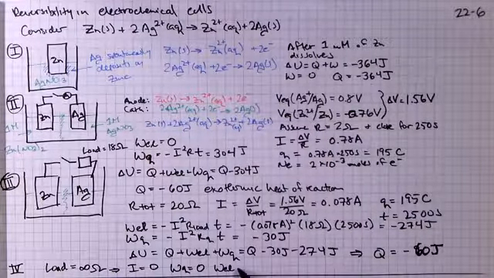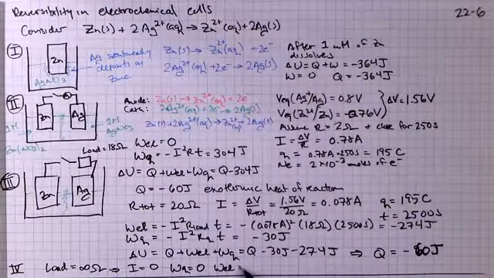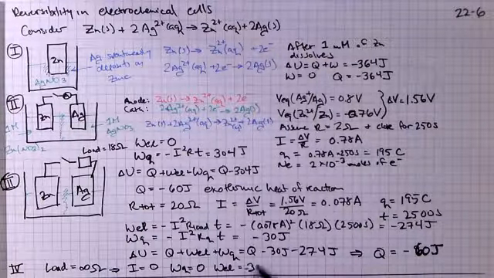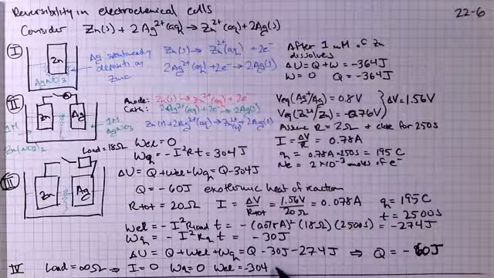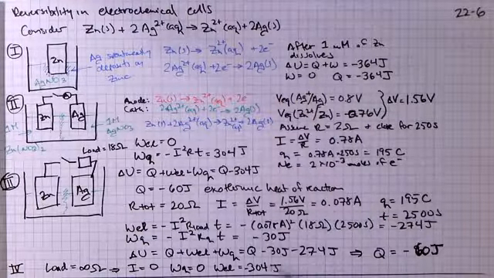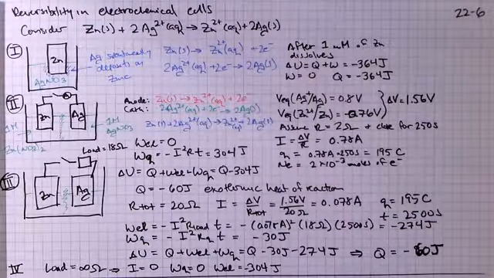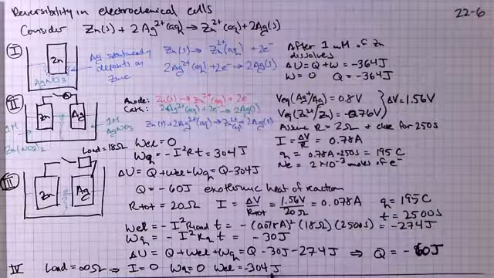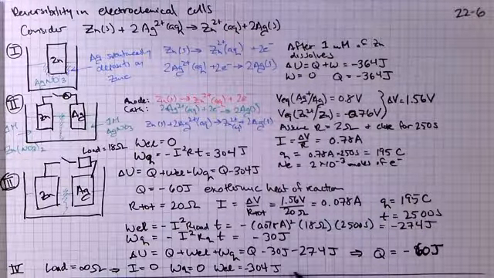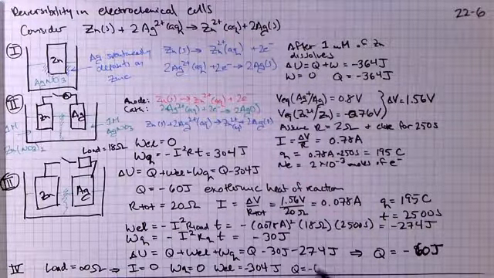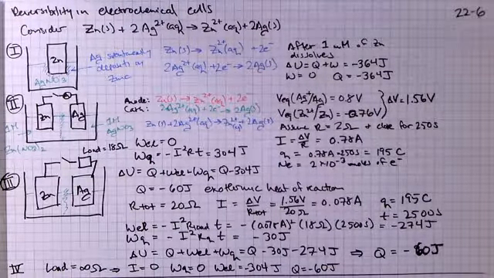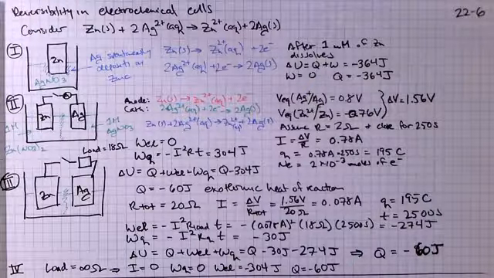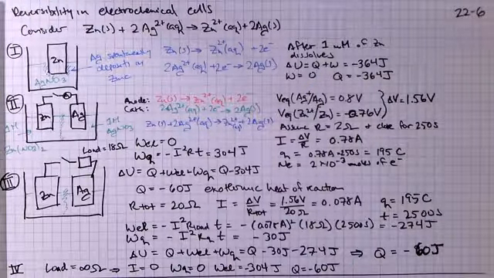So we would get all 300, right? Because this is the ultimately slow case, the reversible case. So we would get 304 joules out in electrical work and minus 60 joules in heat. And again, the change in energy would be 364 joules.